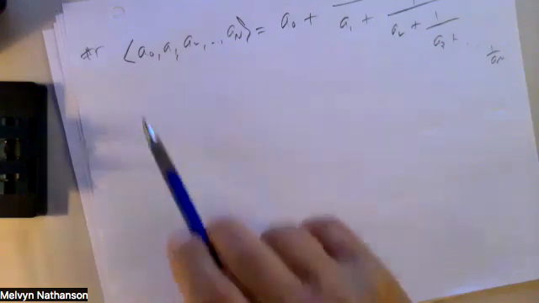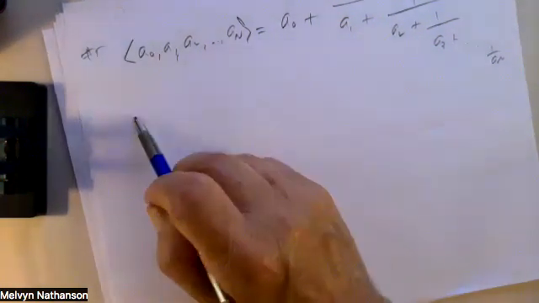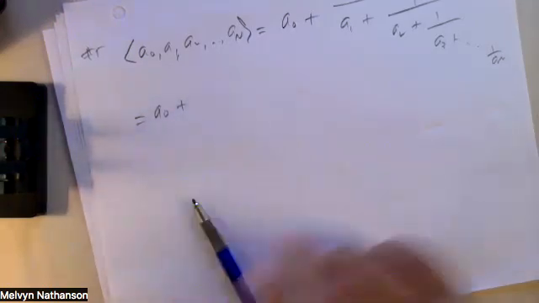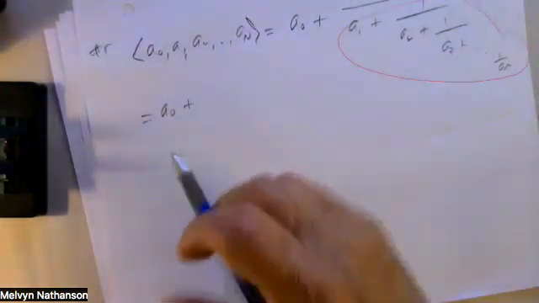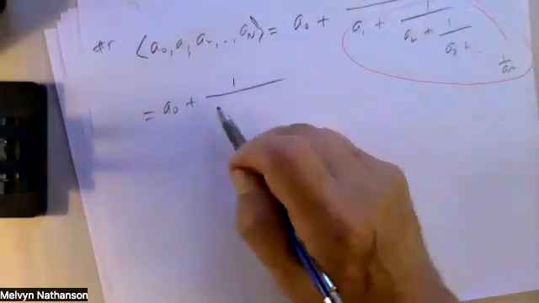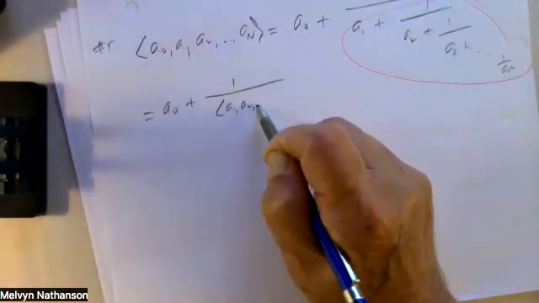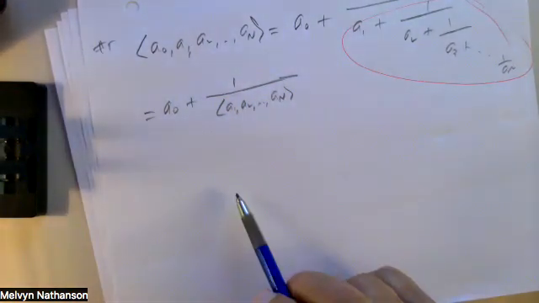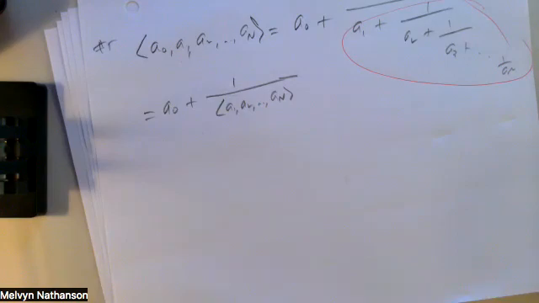And this is equal to A0 plus 1 over this, and this is 1 over this. This is the continued fraction A1, A2, up to A sub n. That's the proof.